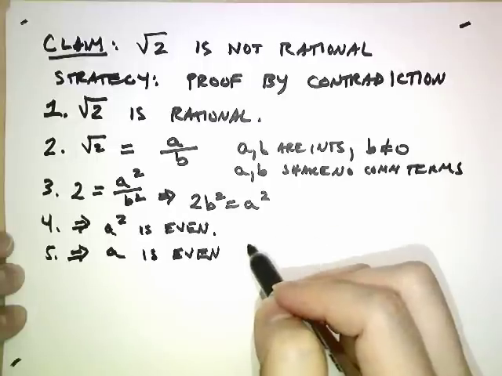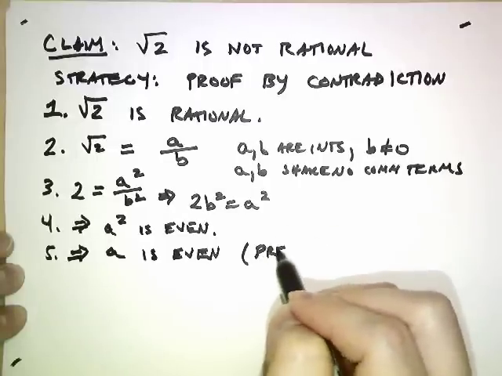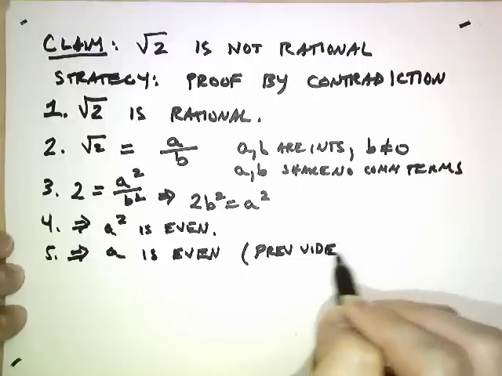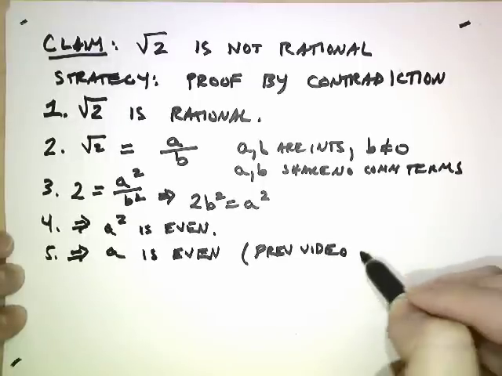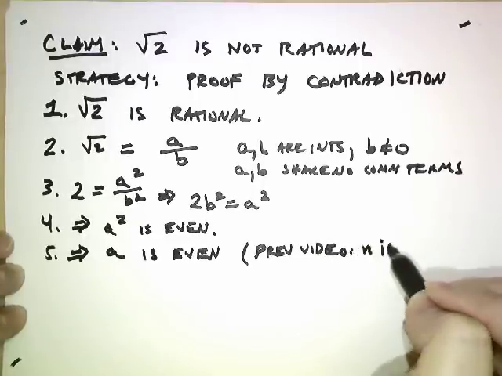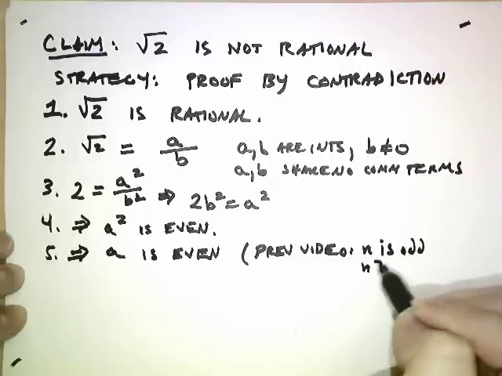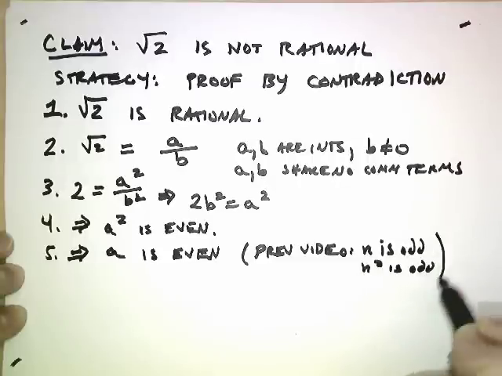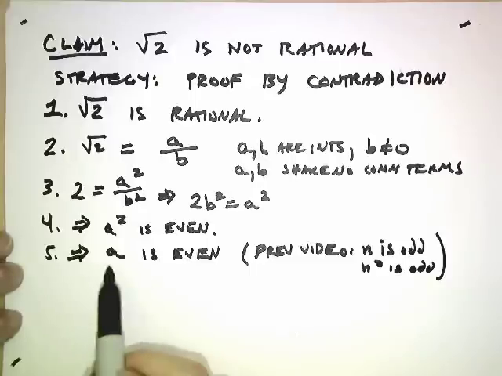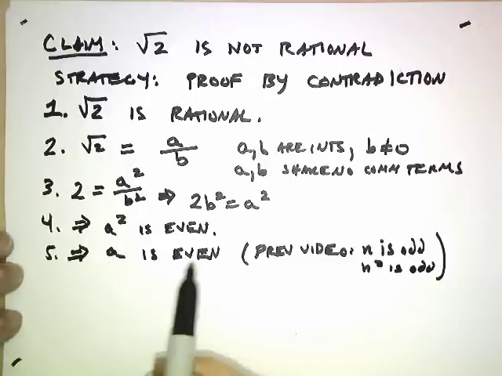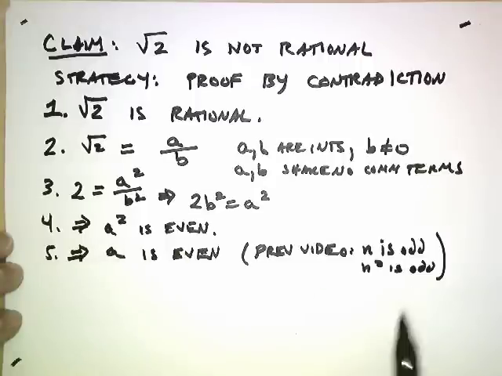So the reason could be previous video. We know that if n is odd, n squared is odd, right? We've seen that in a previous video. So therefore, a has to be even. I mean, if a were odd, then a squared would be odd. We saw that in a previous video.